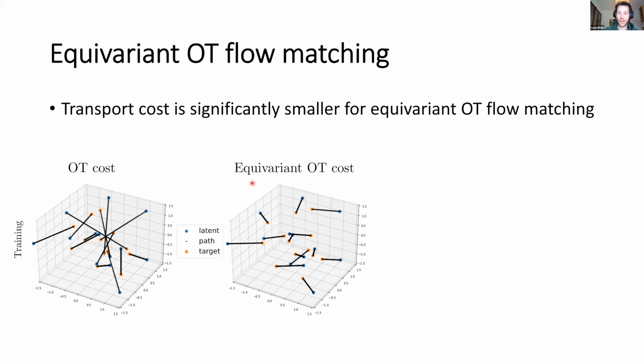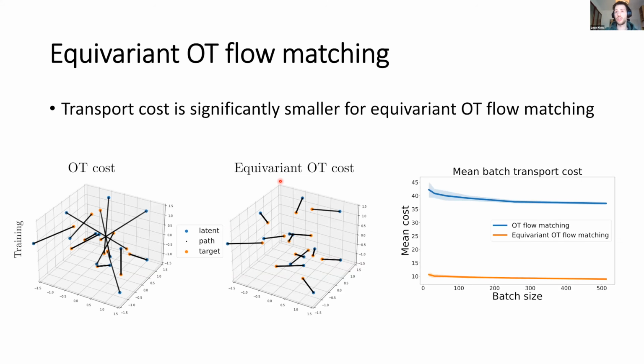And this is without all this other stuff happening, where we solve the OT problem for all different sample pairs. Overall, the mean transport cost for a batch of samples is significantly lower, about 4 times smaller for our equivariant OT flow matching compared to simple OT flow matching.